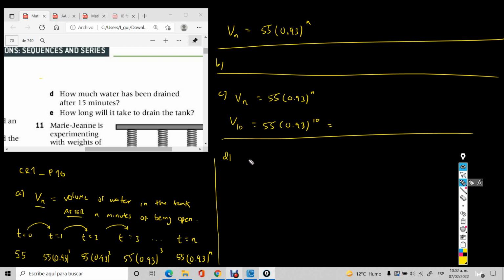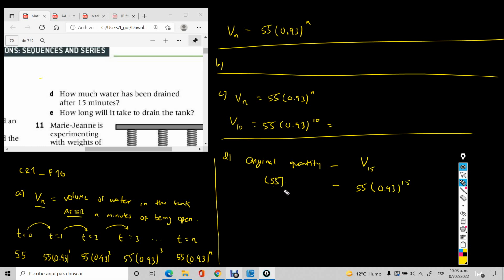So basically, what you have to do is subtract from the original quantity. The original quantity was 55, minus the volume of water in the tank after 15 minutes of being open, which is, let me do the substitution, 55 times 0.93 to the 15.